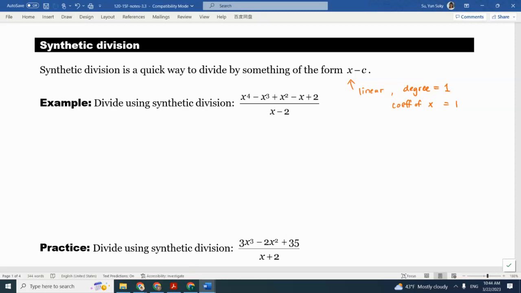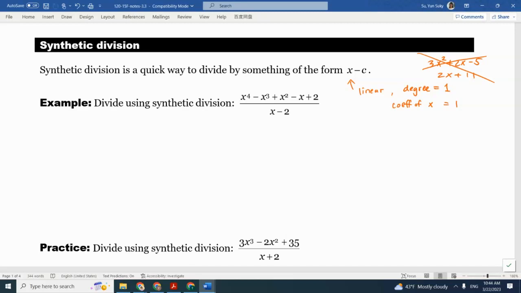So if you have something else, like 3x squared plus 2x minus 5, can you do synthetic division? No. If you have 2x plus 11, can you do synthetic division? No, because the degree is not 1 and because the coefficient is not 1.